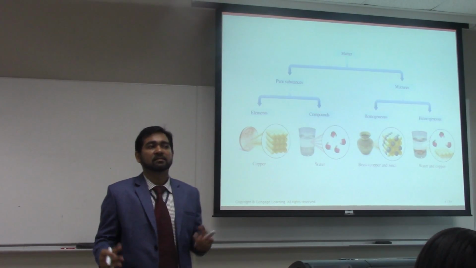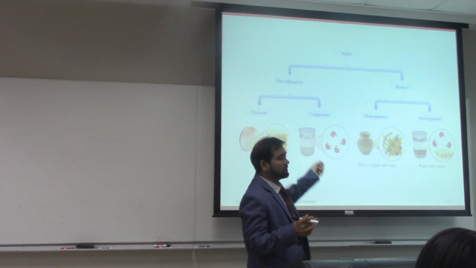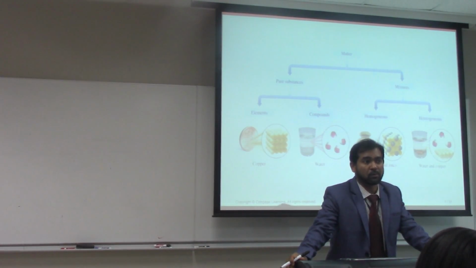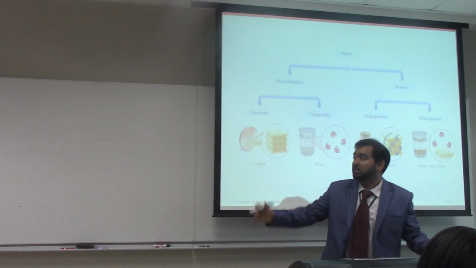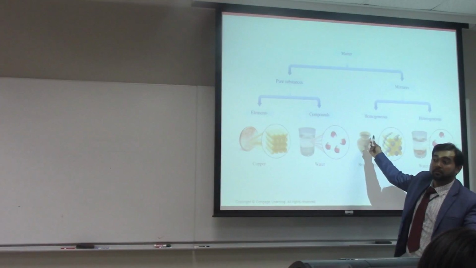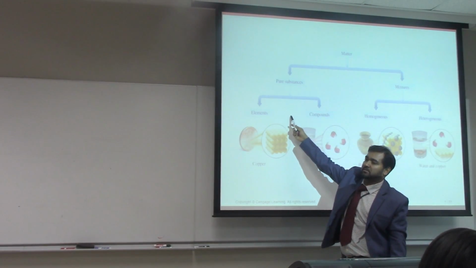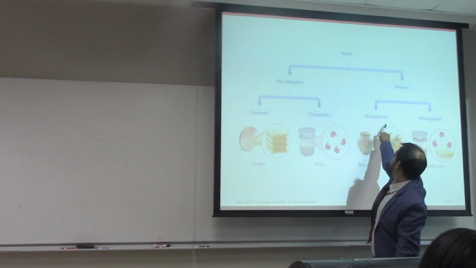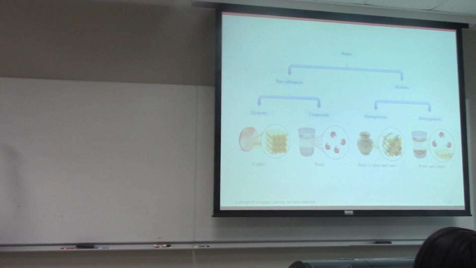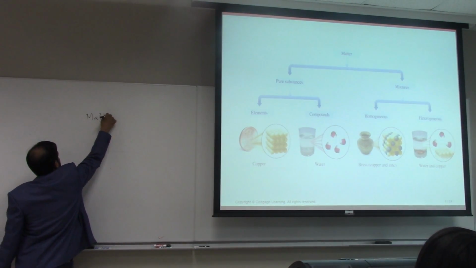The first criteria: a pure substance is the one which has a specific combination and a specific, unique property. But a mixture does not have a specific combination or specific property. So give me an example of pure substance and an example of mixture. Nitrogen has a unique substance and unique properties.